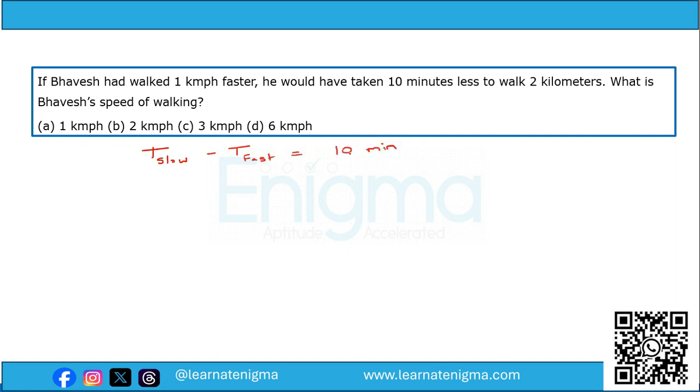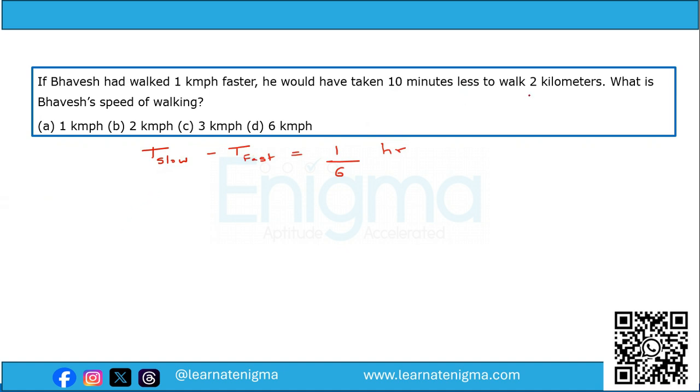Now, this 10 minutes we can convert it into hours as well by dividing it by 60. So we have time of slow minus time of fast is equal to 1 by 6. Now, let's assume the slow speed as x.